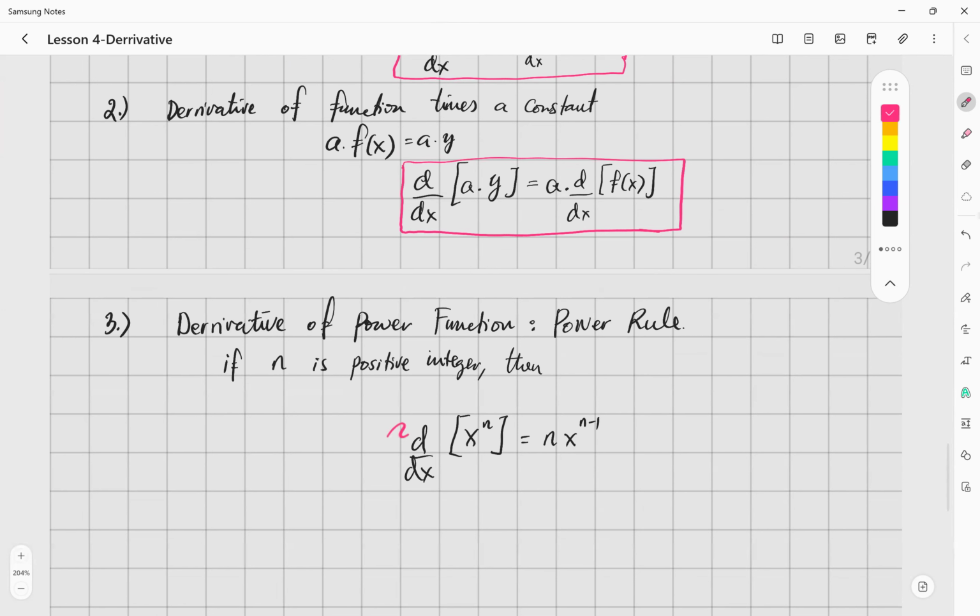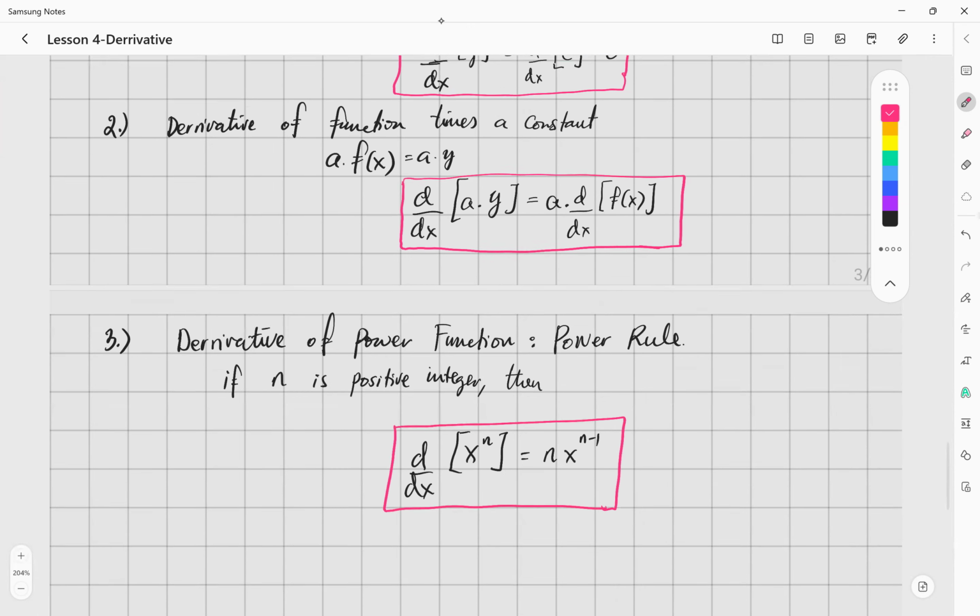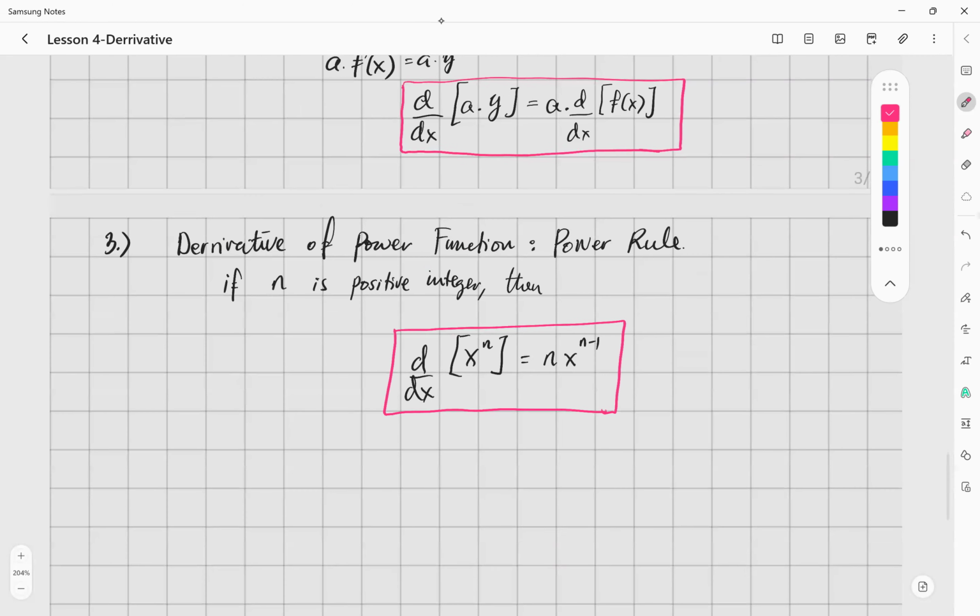That's what the power rule means. We will do an example of this later.